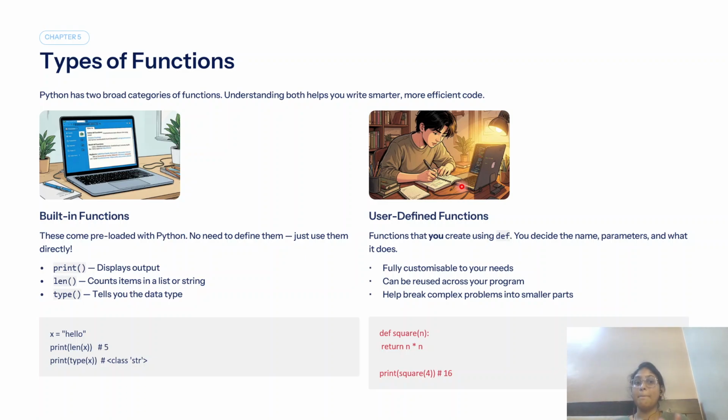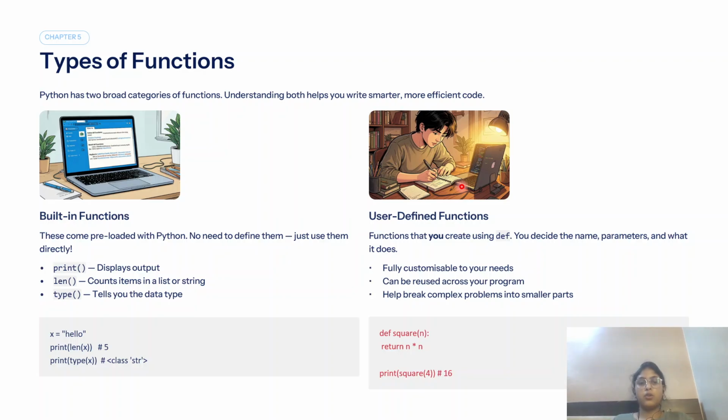These are some built-in functions. These are already provided by Python. We don't need to create them. We just use them. Python already knows how len works. We simply use it, and we can use it as many times as you want. User-defined functions are created by us using the def keyword that we did right now.